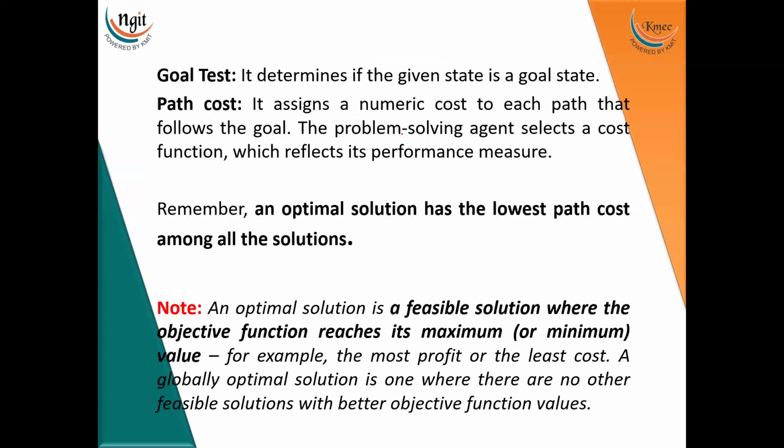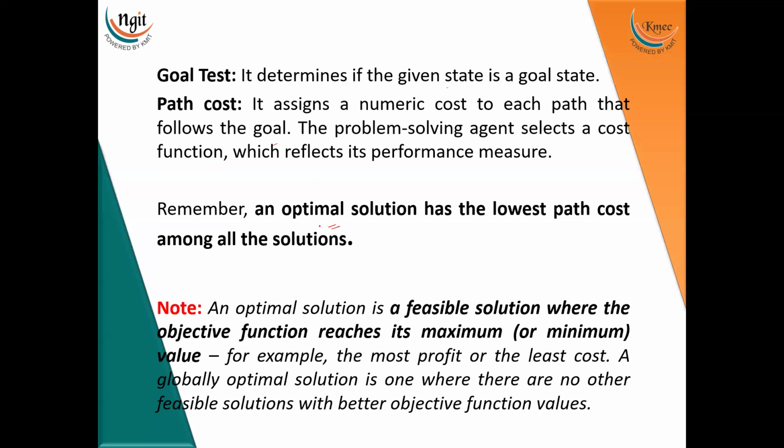And the goal test determines whether the given state is a goal state or not. And the path cost assigns a numeric cost to each path that leads to the goal. The problem solving agent selects a cost function which reflects its performance measure. And finally, remember the solution we are going to get is the optimal solution.